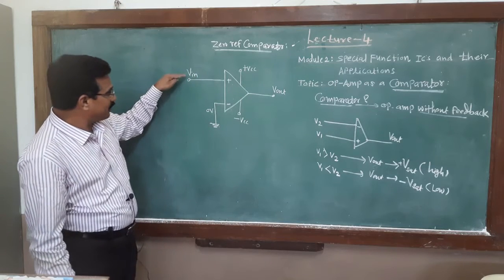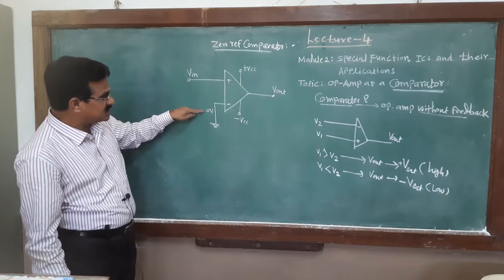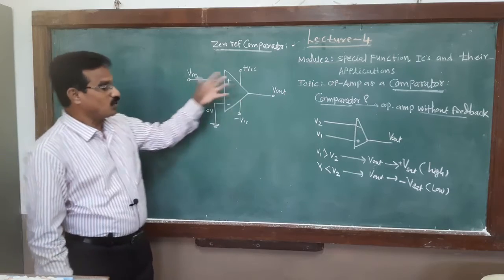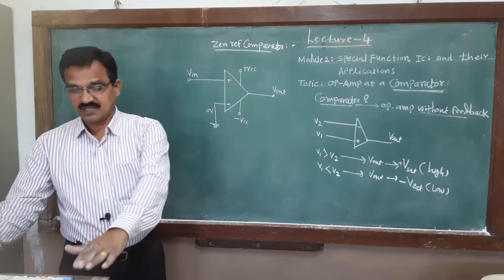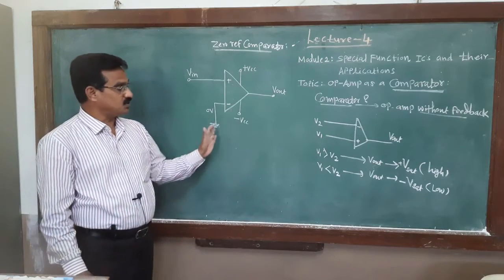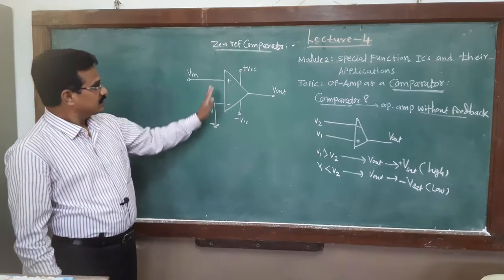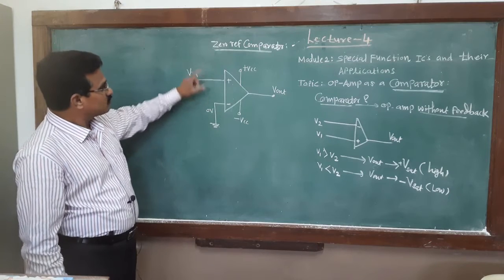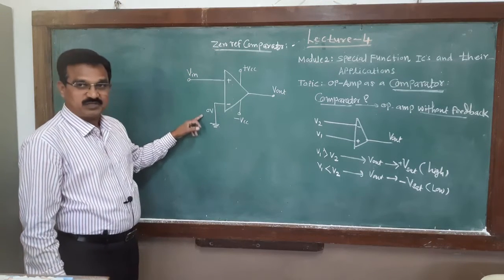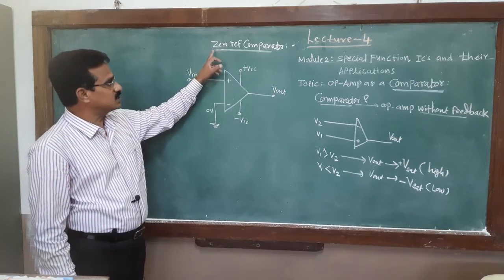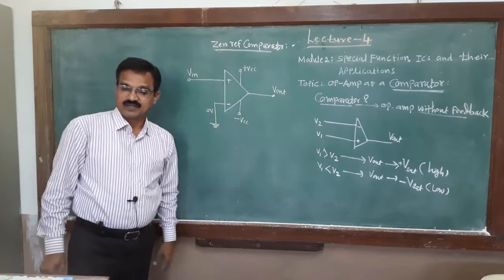And if the voltage applied at this point is less than 0, what is the output? This is the simple concept. You remember that this is the zero reference comparator. Why zero reference? Because the input is compared with respect to 0 volt. That's why we call it a zero reference comparator.